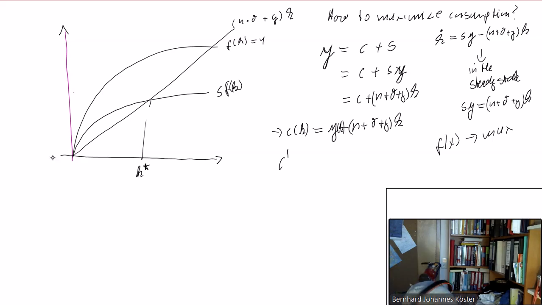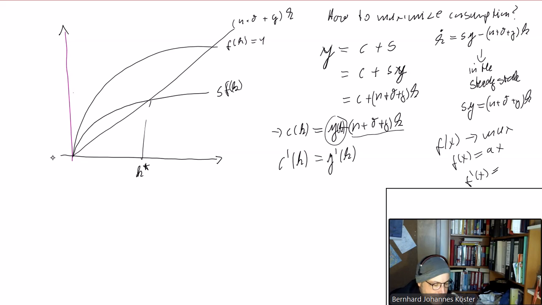So c prime of k equals then production, so y prime of k, and the derivative of this linear line is what? f of x is a x. What is then f prime of x?